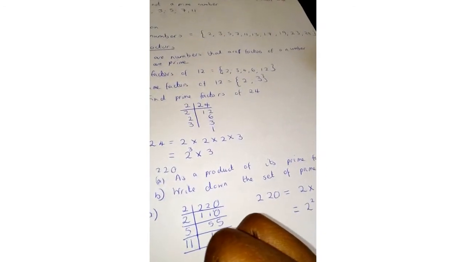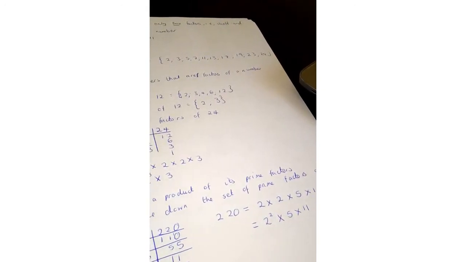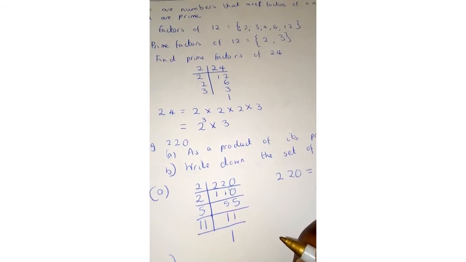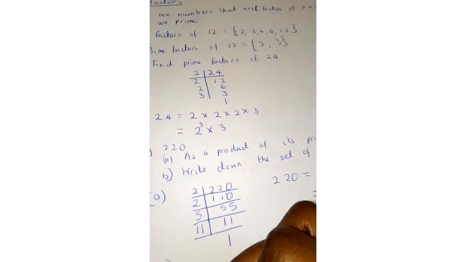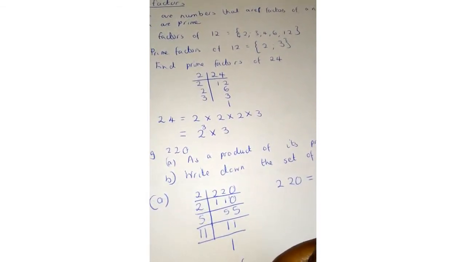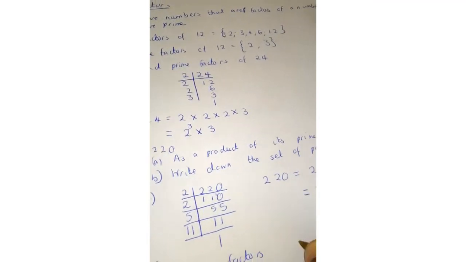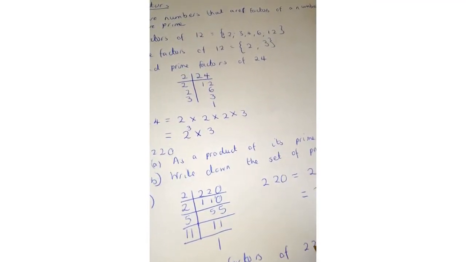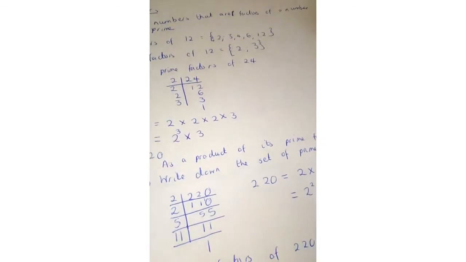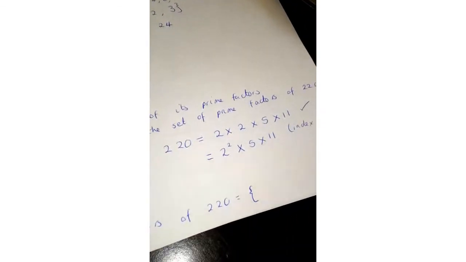Then we go to part B. Write down the set of prime factors of 220. This is the prime numbers that are factors of 220.